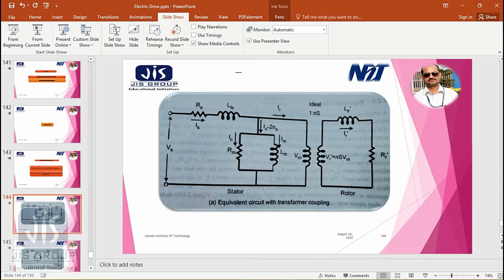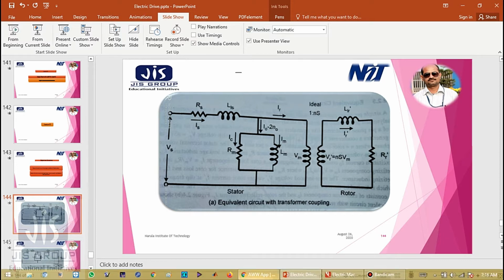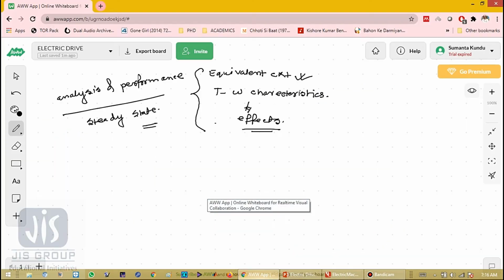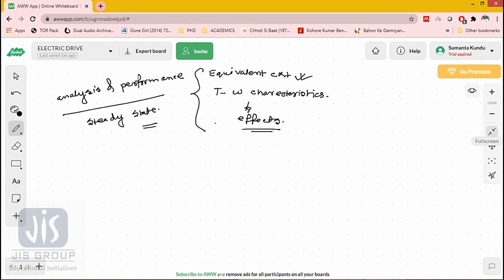Okay, now we know that inside the stator there is a production of synchronously rotating air gap flux. So we know this circuit. This is basically similar to the transformer circuit, and we have read this several times. So inside the rotor, we know that there is a production of synchronously rotating air gap flux.